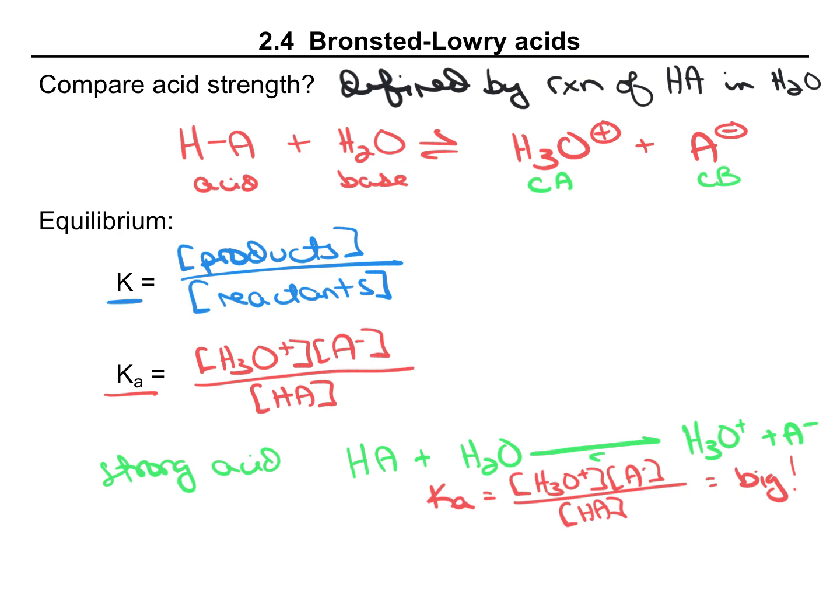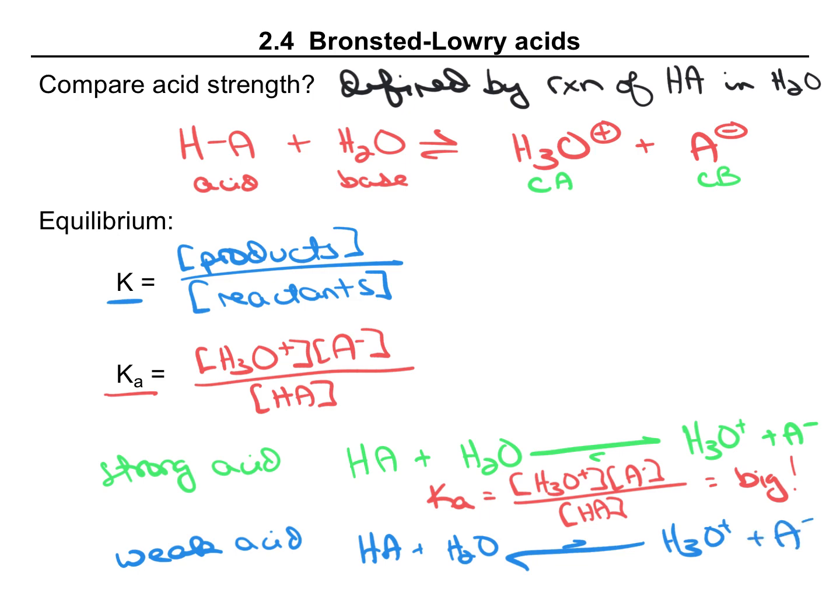On the other hand, if we have a weaker acid, we're still thinking about HA plus water, but in this case, our equilibrium lies to the left. Our products are still H3O plus and A minus.